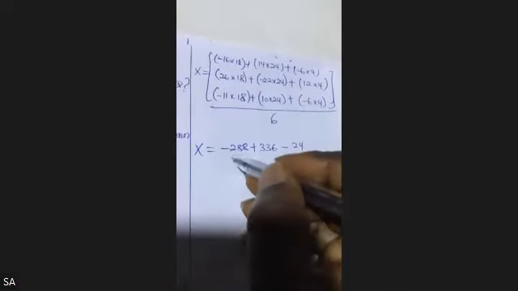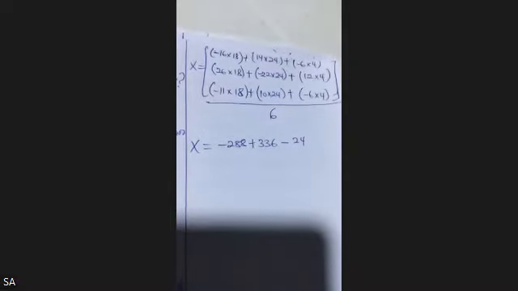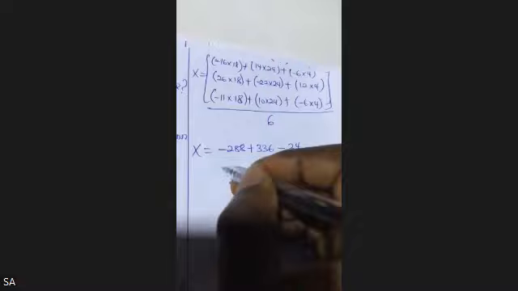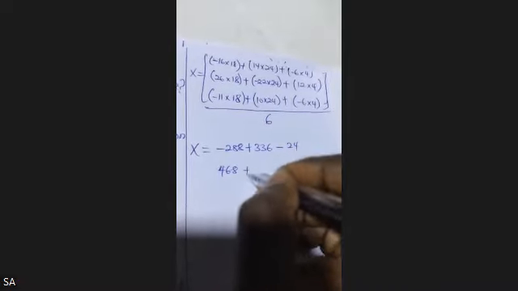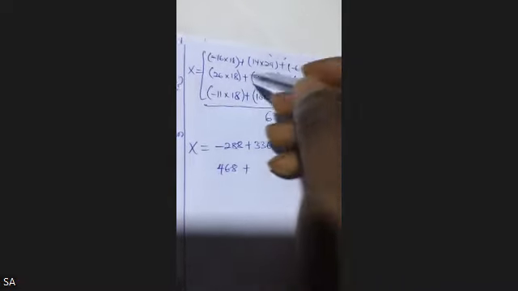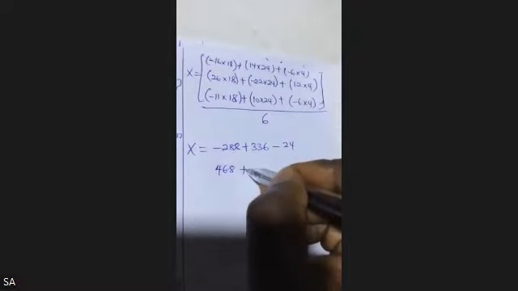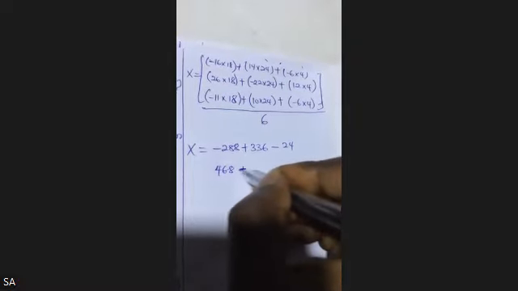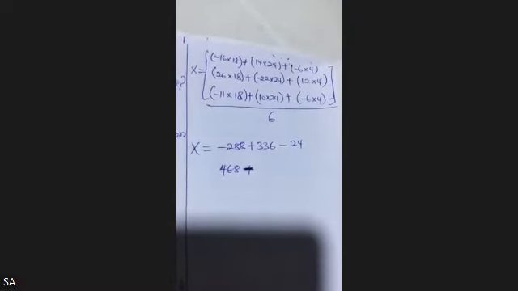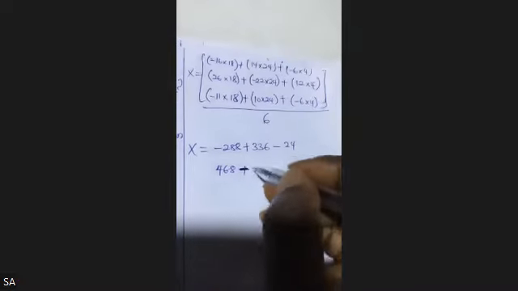Next, 26 times 18 is 468. Minus 22 times 24 is 528.